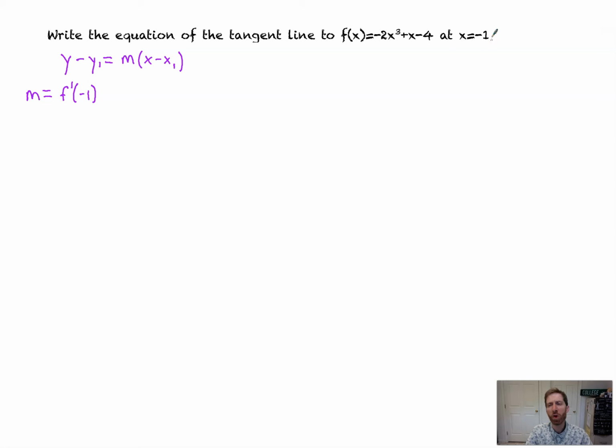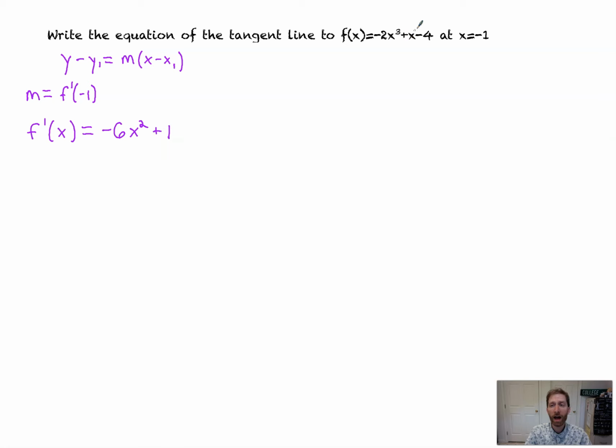And you're always going to be told what point you need to find the derivative at. So f prime of negative 1, to do that we need the derivative. See how we're kind of leading ourselves saying take a derivative at negative 1. Okay, so then I need to take a derivative. The derivative of this is 3 times negative 2 is negative 6, x to the 3 minus 1 is x squared, power rule, plus x, the derivative of x is just 1.